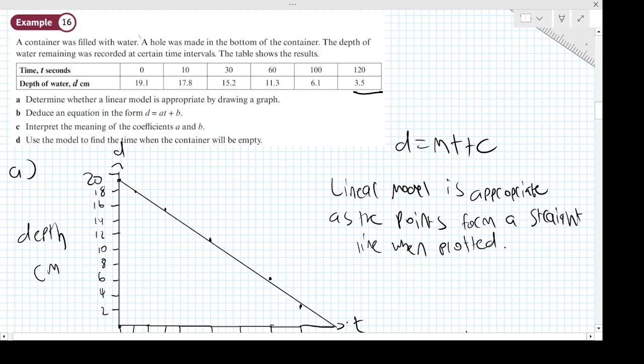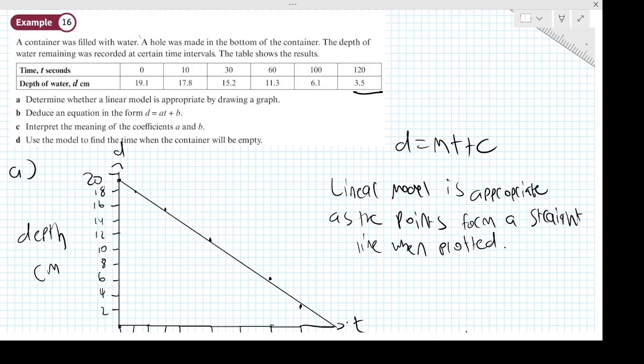As an exam tip there, it says interpret. When you see that in a real life problem like this, it means you need to relate what you're interpreting or defining to the situation. You don't just say, oh, A's the gradient. You need to be a bit more specific and say, the gradient means as t increases by 1, d increases by minus 13 over 100.